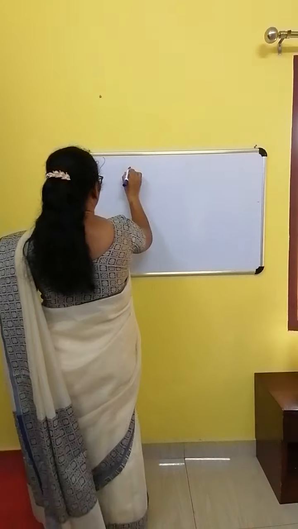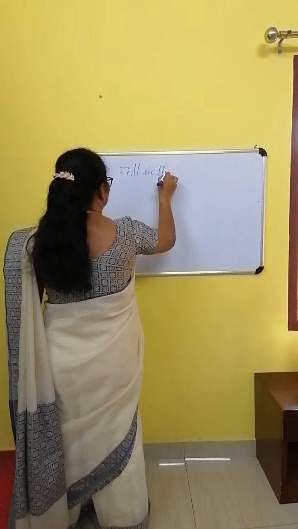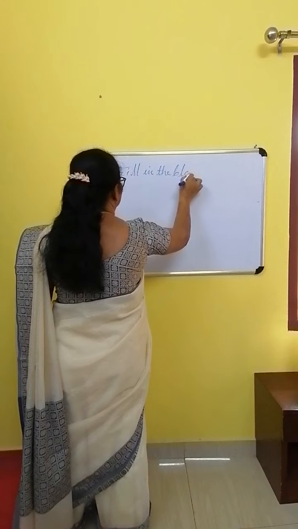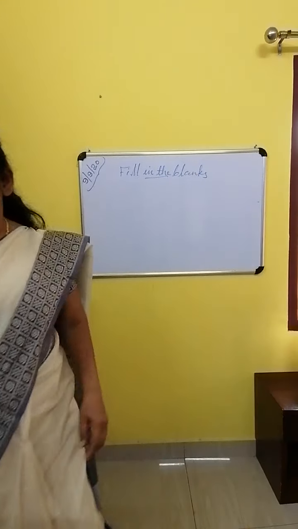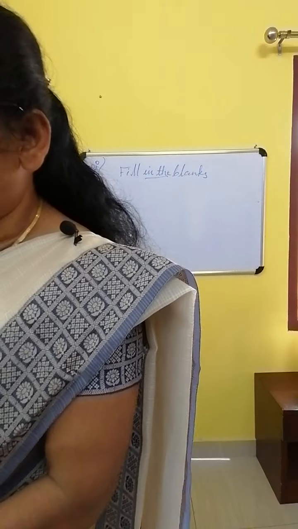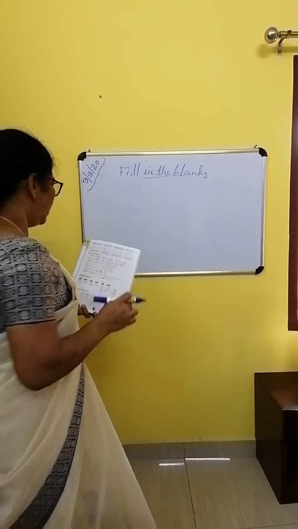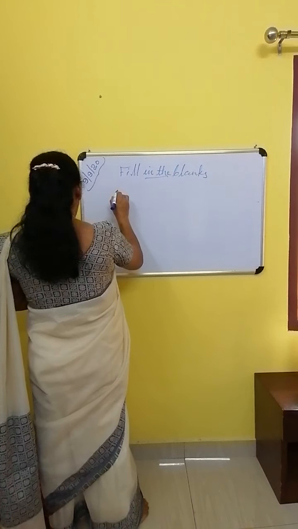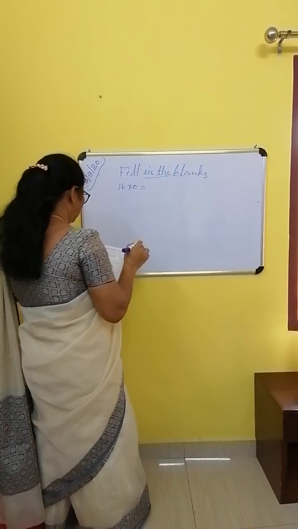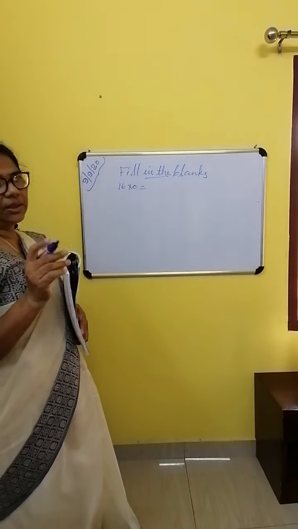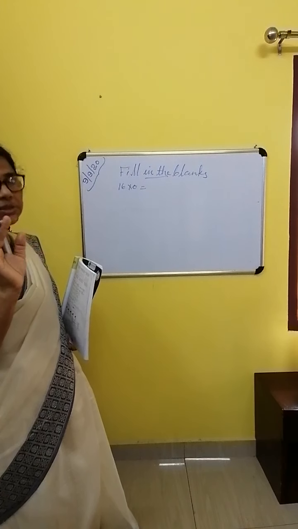Now write fill in the blanks. Here in the textbook, some questions are given. Okay, first one is 16 into 0. When we multiply a number by 0, the answer will be 0 only.